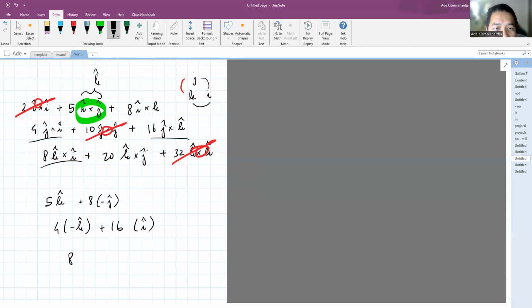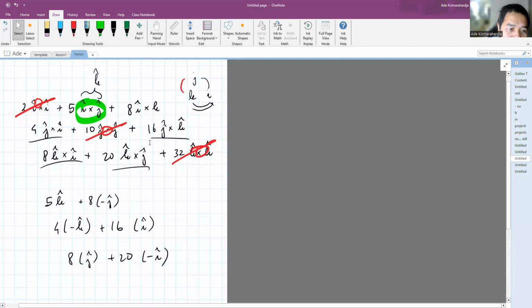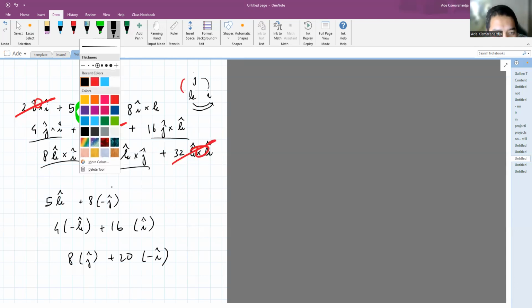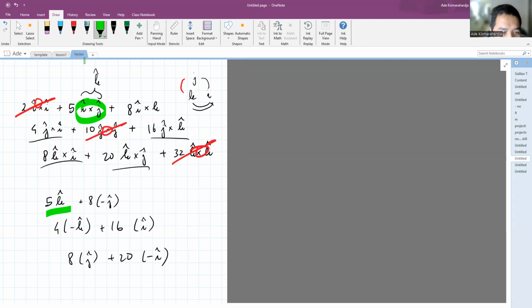What is K cross I? K cross I, you go counterclockwise, yes? So that's positive J. And lastly, 20, K cross J. K cross J, that's minus I. Now, you see what happens when you do the cross product between u and v like this: from 9 terms, you end up with 6.